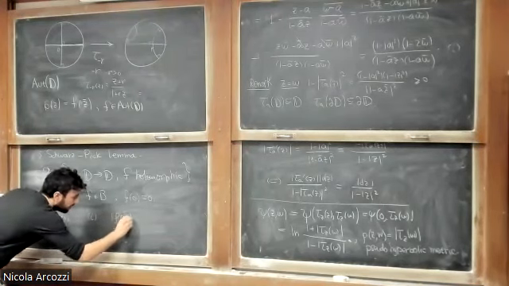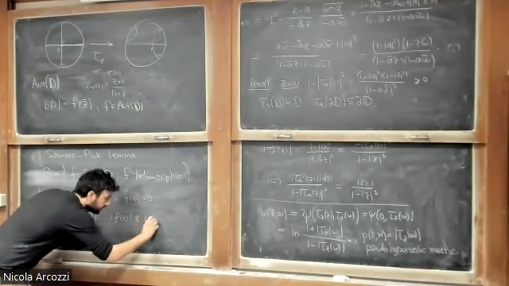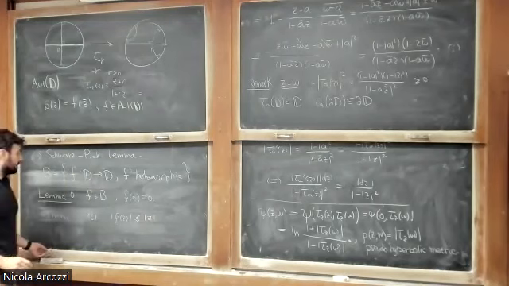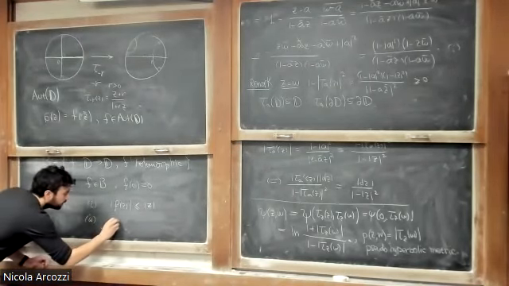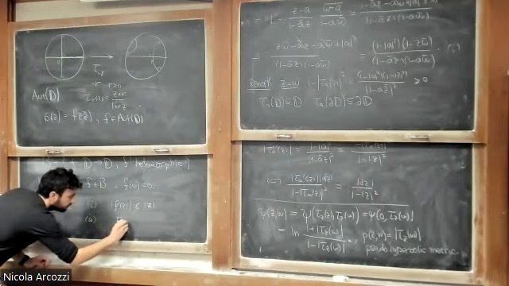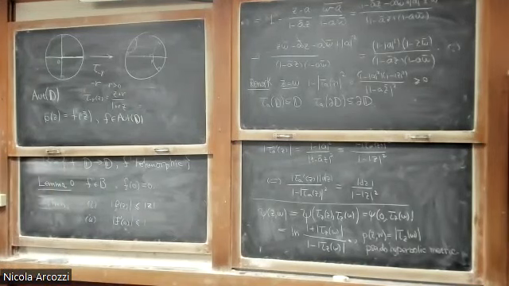The modulus of f of z is bounded by the modulus of z, and the derivative at 0 is bounded by 1.